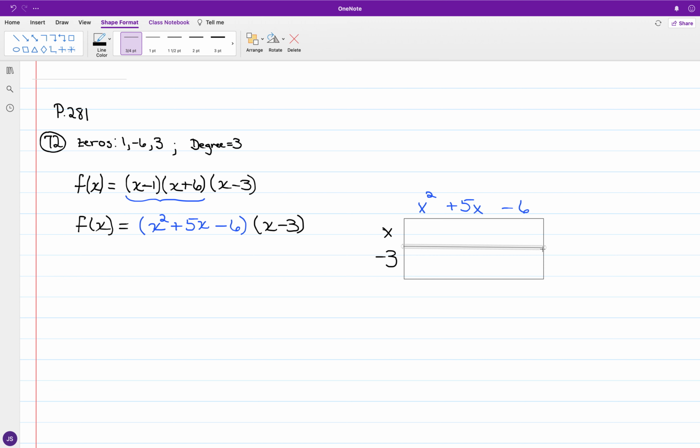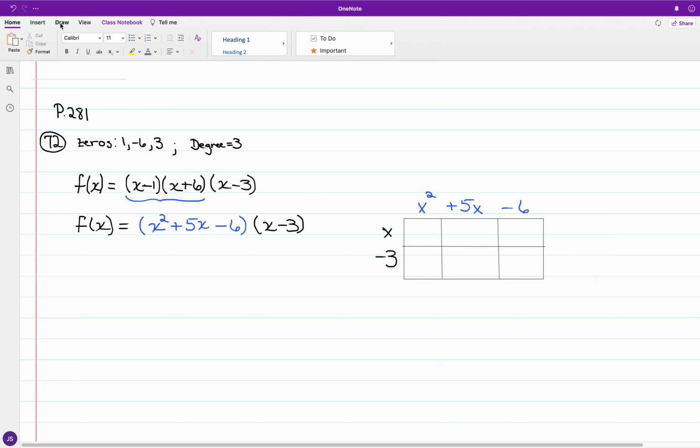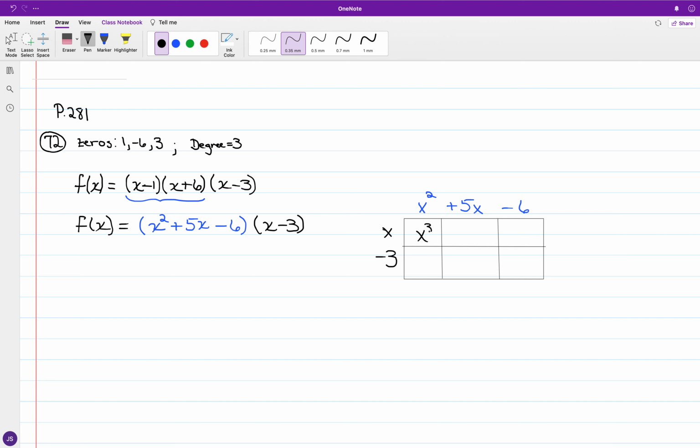And just looking at taking what I have and sectioning for the moment. So in the case of the first product, looking at the first column, we have x squared times x becomes x to the third.